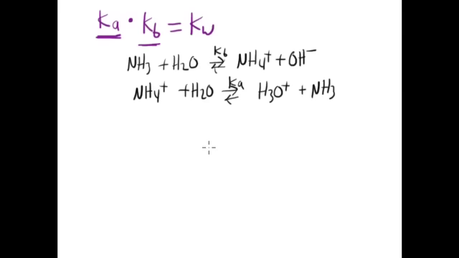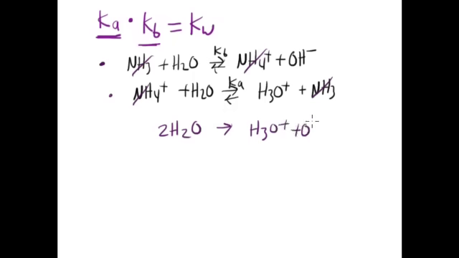Here's the work I was talking about. If you add up the equation for Kb with the equation for Ka, then the NH4+ cancel out, the NH3's cancel out. So what you're left with is the equation for the autoionization of water.